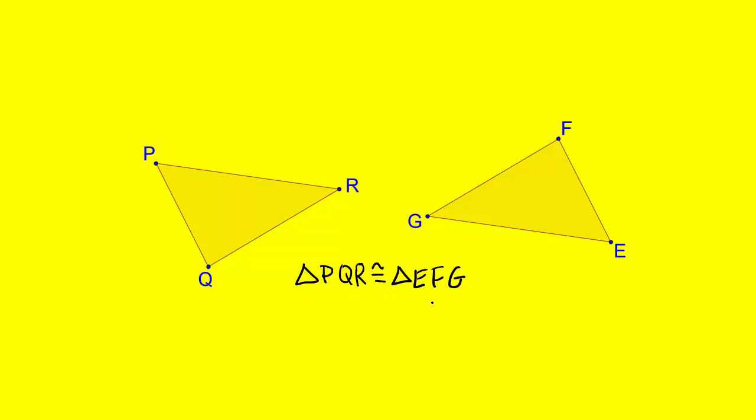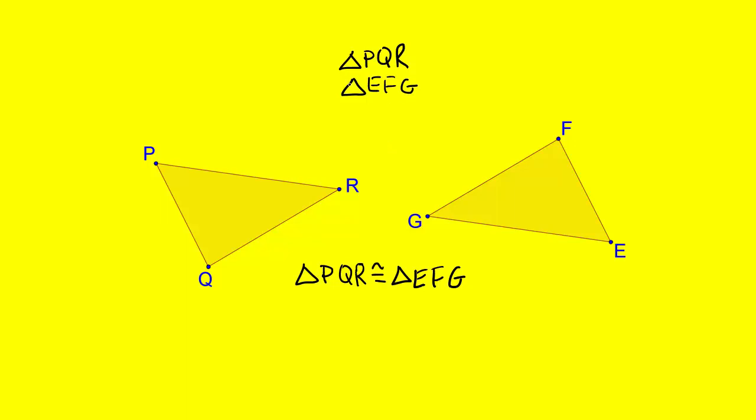So one of the things that you can do to figure out which ones match up is we can stack these, the notation, we can stack them on top of each other. So for instance, I can take triangle PQR and I'm going to take the other triangle, the notation, and put it underneath: EFG.